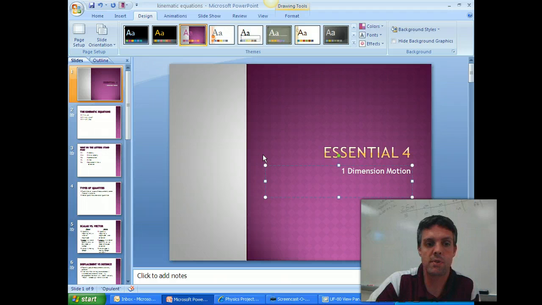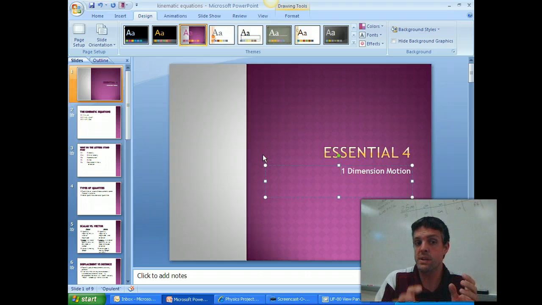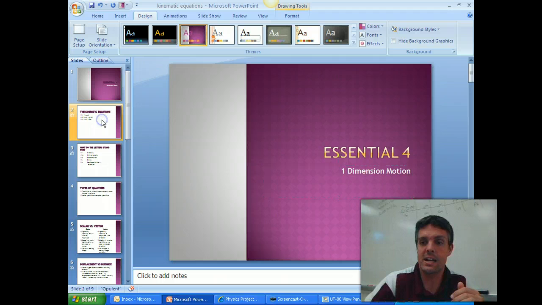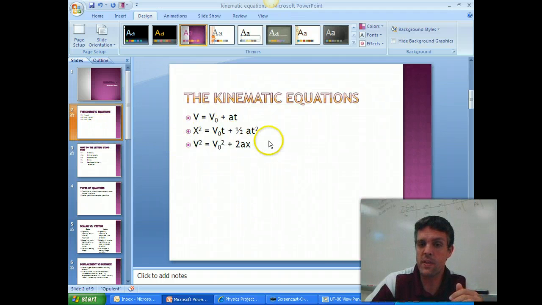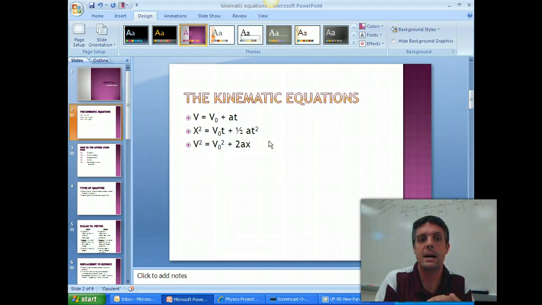So, to wrap this up, you've got to know two types of quantities, scalar and vector. You've got to know that displacement is a vector quantity, and that distance is a scalar quantity. Also, speed and velocity. Now back to this slide here, I understand that we didn't do anything with them right now. I just want you to have them written down, okay? When you come in tomorrow, I'm going to have you do a lab.